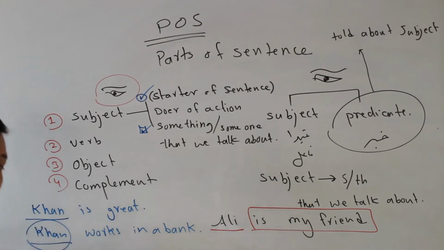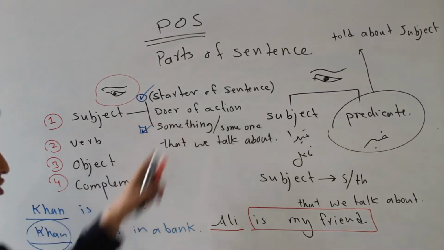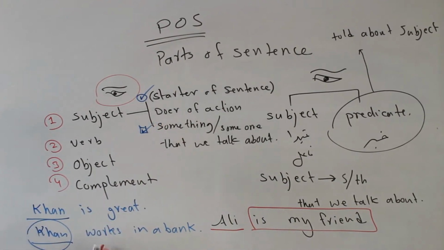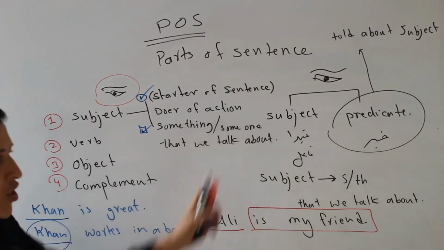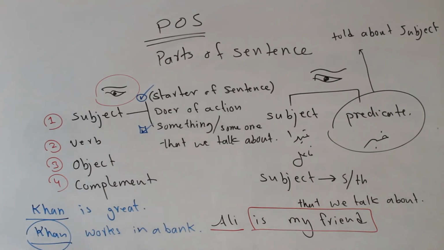It is someone doing an action, it means doer of an action. So what is Khan doing? He works in a bank. And finally, someone that we are talking about. Who are we talking about? We are talking about Khan. So in here, Khan has all three characteristics. So that's why this is the subject: start of the sentence, doer of an action, someone or something that we talk about.